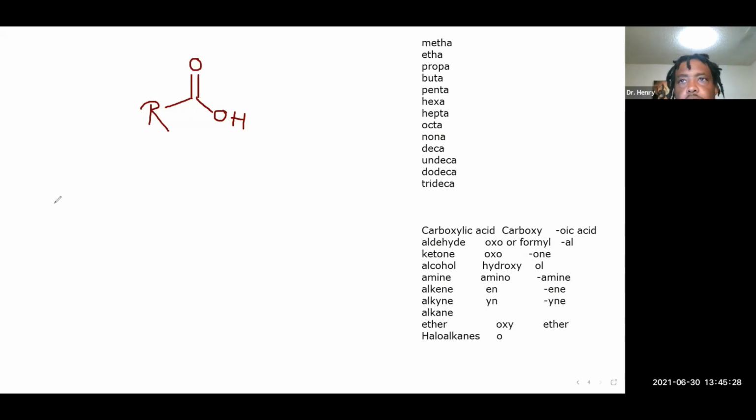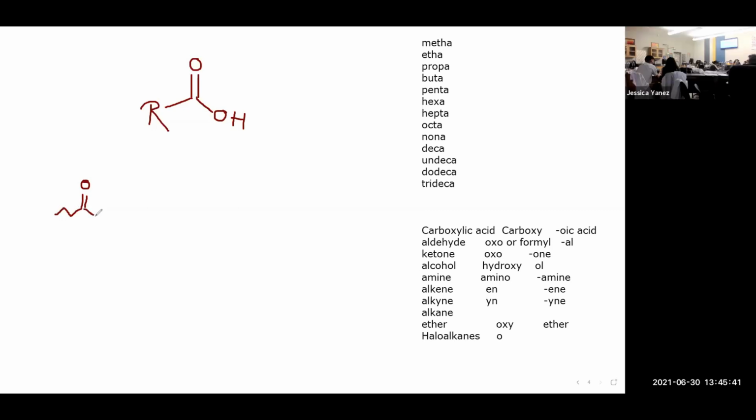So if we have this guy, 1, 2, 3. This guy, how many carbons? What is the longest carbon chain that we have? Five. So that's 1, 2, 3, 4.